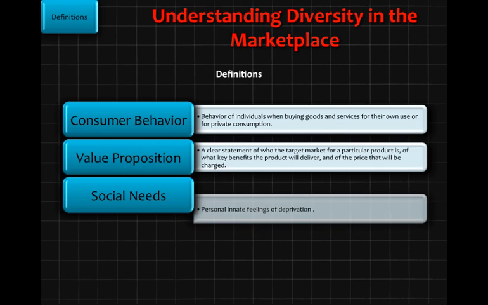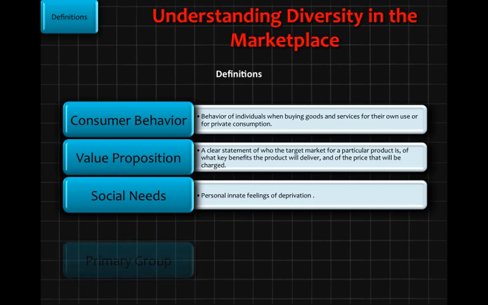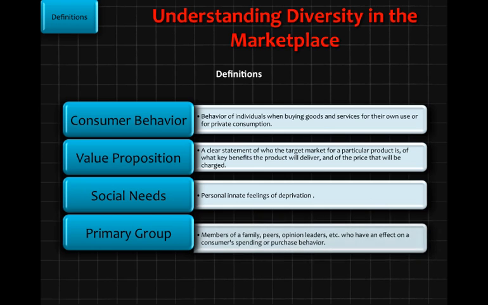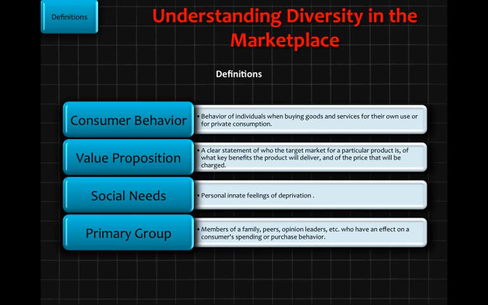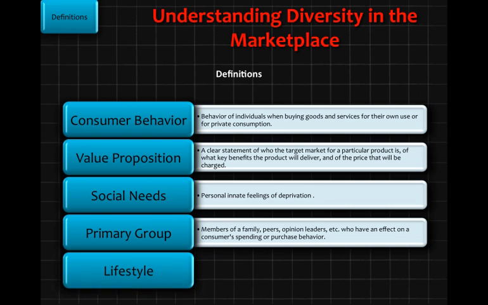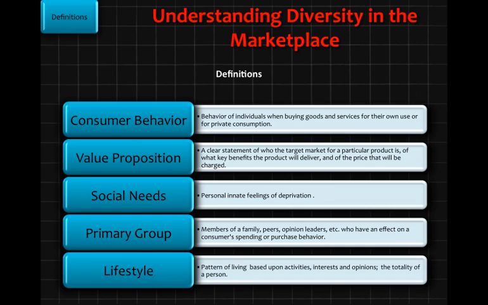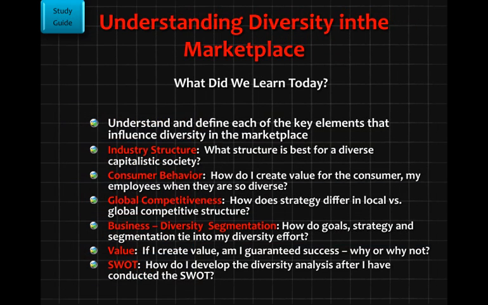Social needs: personal innate feelings of deprivation that one might have or others collectively might have. The primary group: members of a family, peers, they have an effect on consumer spending or purchase power and behavior. And then lifestyle: a pattern of living based upon activities, our interests, our opinions, the totality of a person.